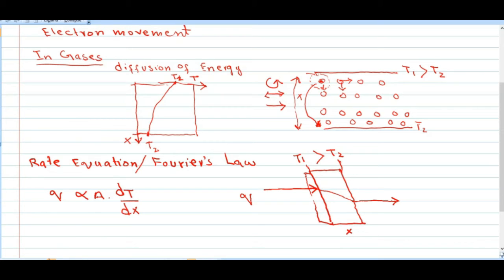The proportionality constant is the property of the material through which heat is transferred, that is k, also called thermal conductivity. Here we write the negative of the temperature gradient because heat transfer occurs from high temperature to lower temperature. In other words, heat transfer occurs in the direction of decreasing temperature. That's why the temperature gradient is negative.